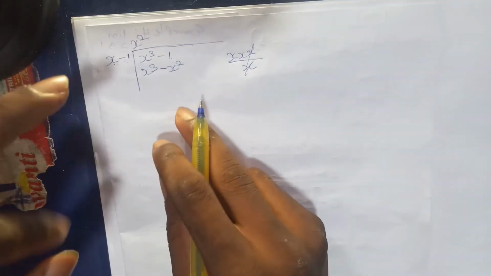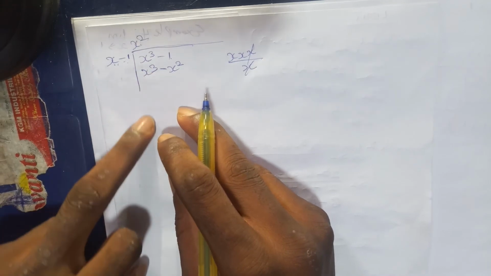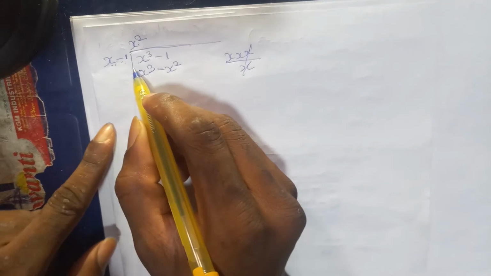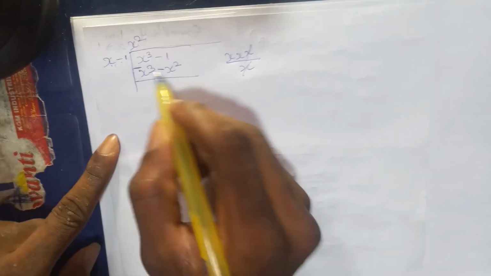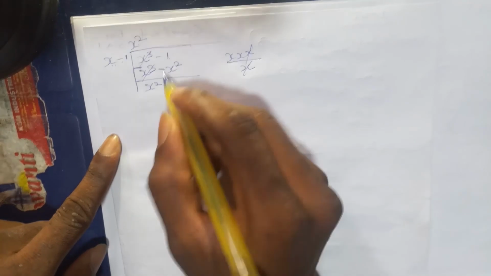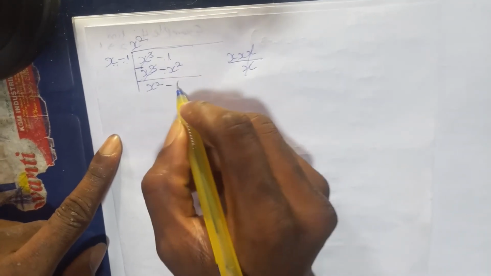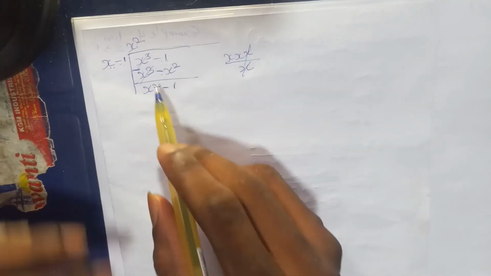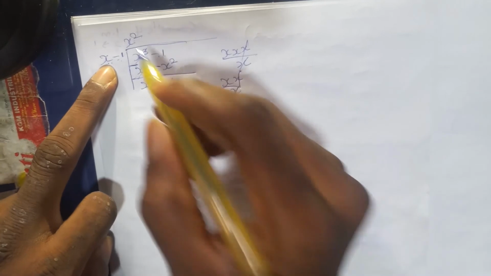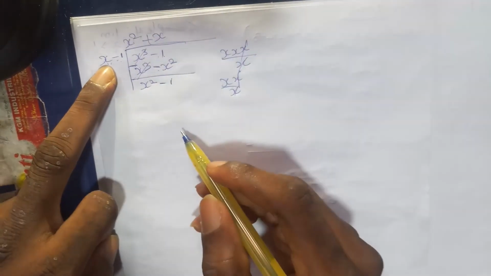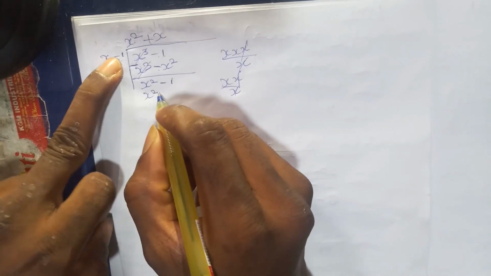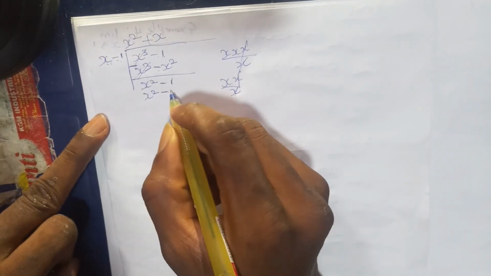Our aim is to reduce all these x until they turn to 0, which means there will no longer be x there. Now we subtract, we want to eliminate x cubed. X cubed minus x cubed is 0, minus minus x squared gives us x squared. Now minus 1 minus 0 gives us minus 1. There is still x here, so we are going to continue. X squared divided by x gives us what? Plus x. Now x times x gives us x squared, minus 1 times x gives us minus x.